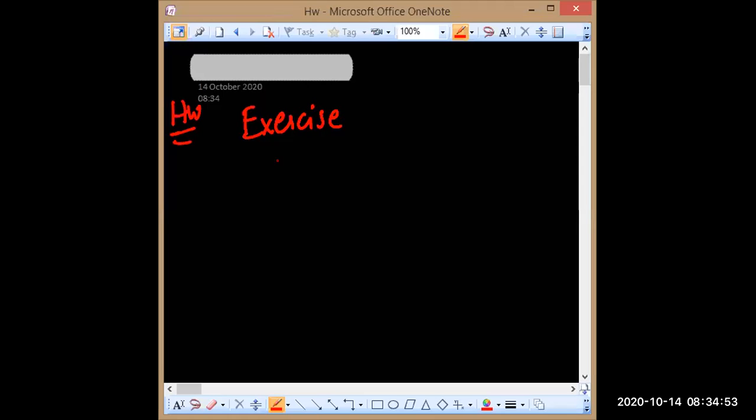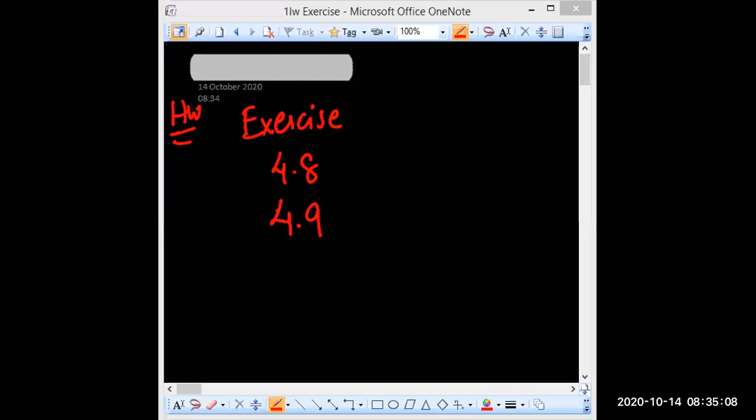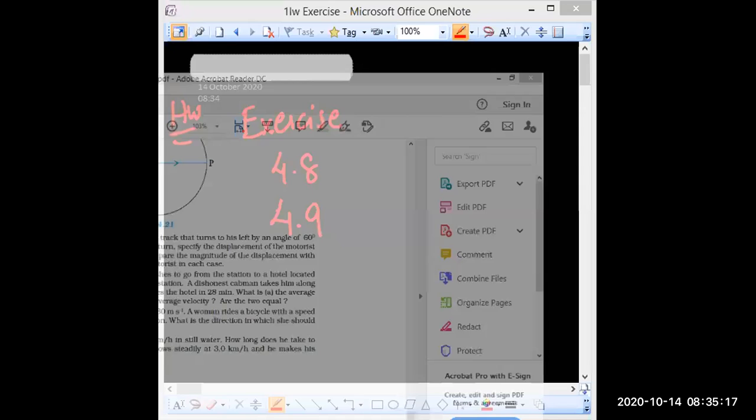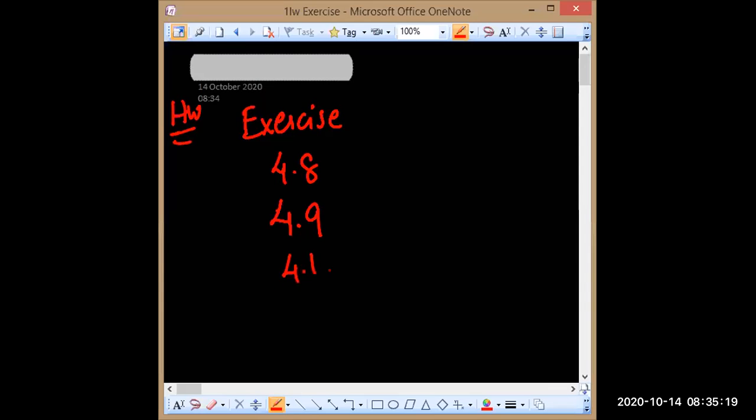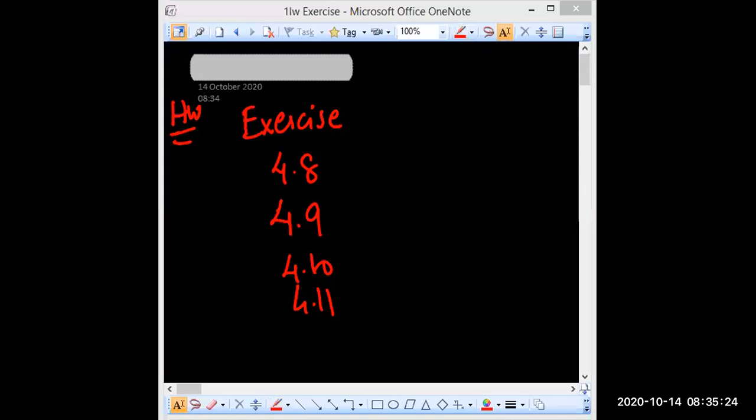Everything is from the exercise. Okay, 4.8, right? Okay, 4.9, 4.10, 4.11. I'm reading out the questions and giving homework as I go.